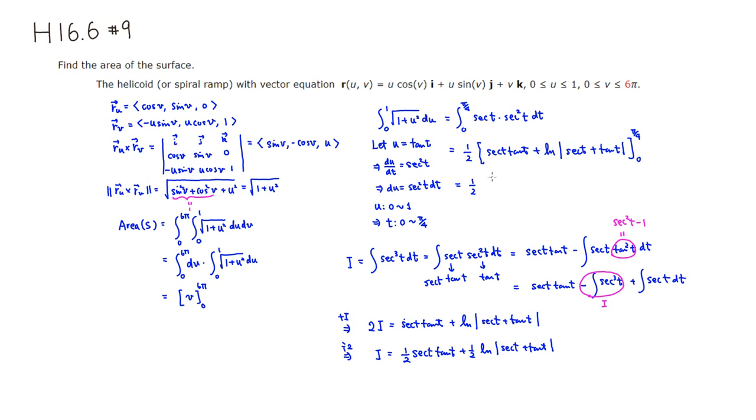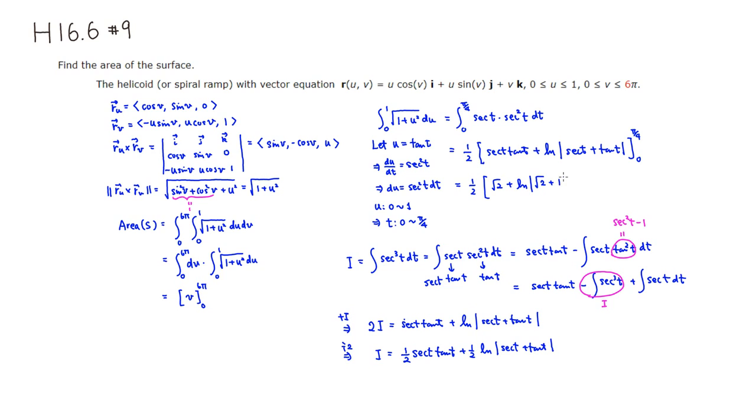So plug in pi over 4. The tangent of pi over 4 is 1, and the secant of pi over 4 is square root of 2. So you have square root of 2 plus the natural log of the absolute value of square root of 2 plus 1.